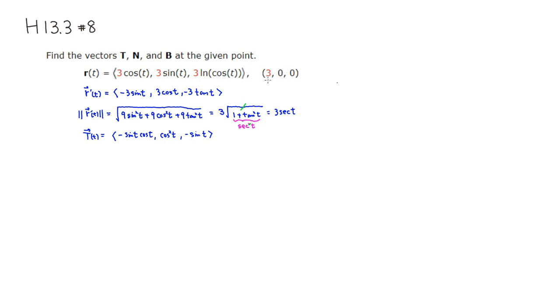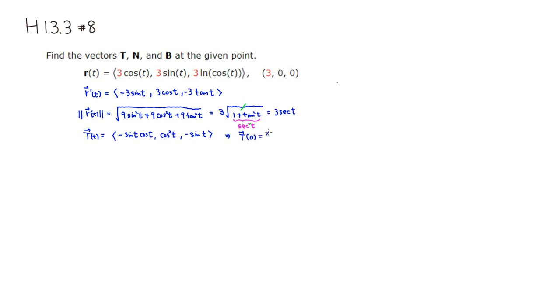But what we need to do is evaluate it at t equals 0, because when t equals 0, cosine of 0 is 1, so you get 3, and sine of 0 is 0, and the cosine of 0 is 1, natural log of 1 is 0. So we evaluate this at t equals 0.